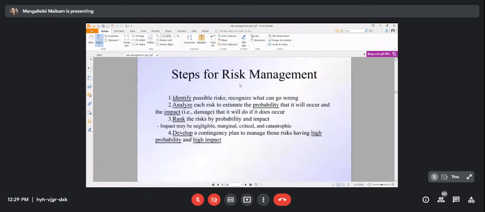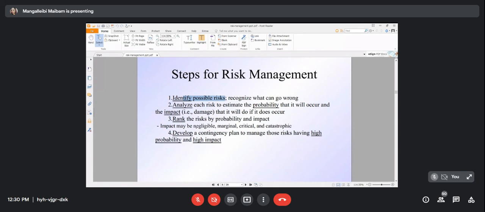So the steps for risk management are identify, analyze, rank, and develop. Identifying the risks is the initial step. After identifying the risks, we can recognize what problems might occur and whether things can go wrong or not. After that, we perform the analysis, analyzing the risks to estimate the probability of whether a particular risk will occur or not.